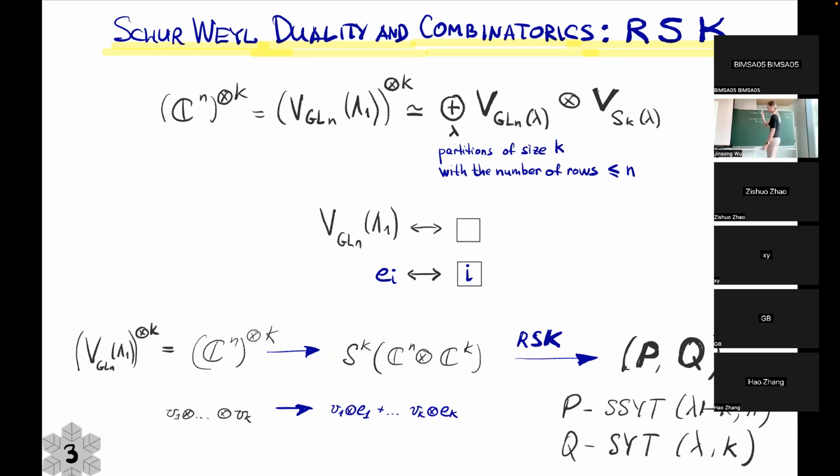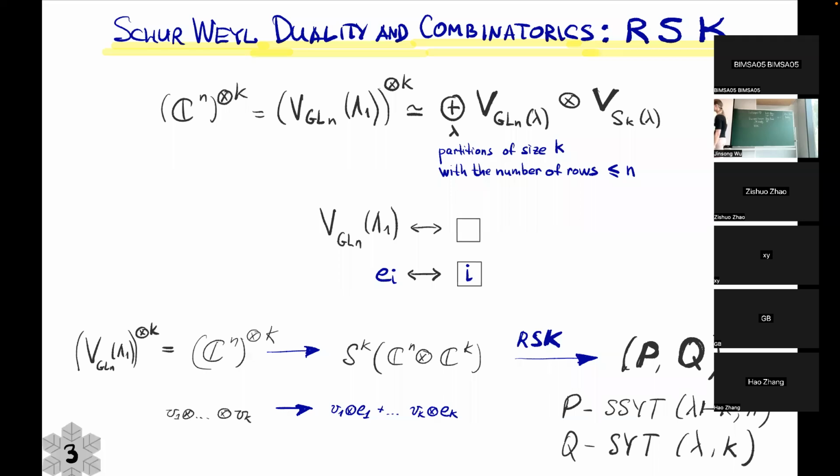The important thing to note is that the Schur duality actually has a combinatorial interpretation. When we consider this space, it can also be considered as a tensor power of the GL_N module lambda 1. This is the fundamental module which is depicted by the box diagram.